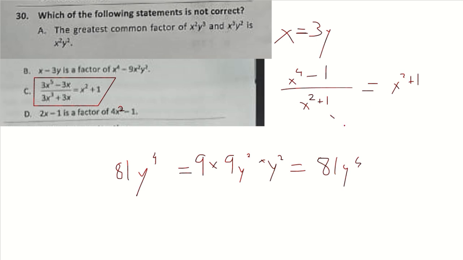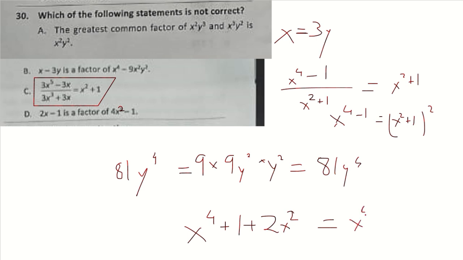And so therefore x4 minus 1 is equal to x square plus 1 whole square. And when you square this, x power 4 plus 1 plus 2x square, which is just not correct. x power 4 minus 1, we just cannot say that. So therefore option C is wrong, and that is what is asked in the question.